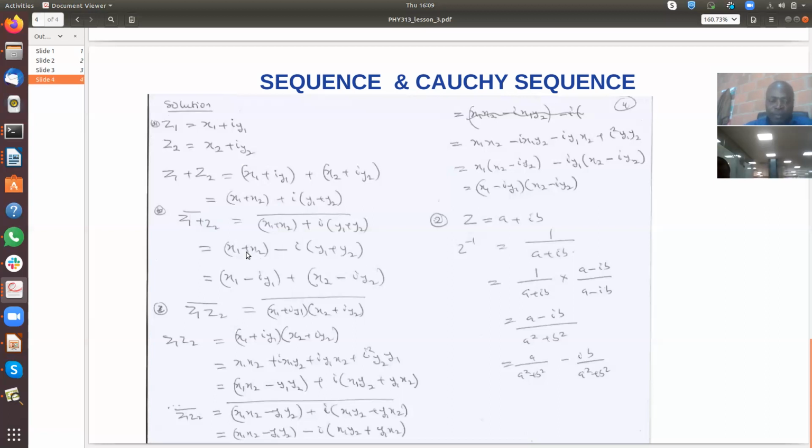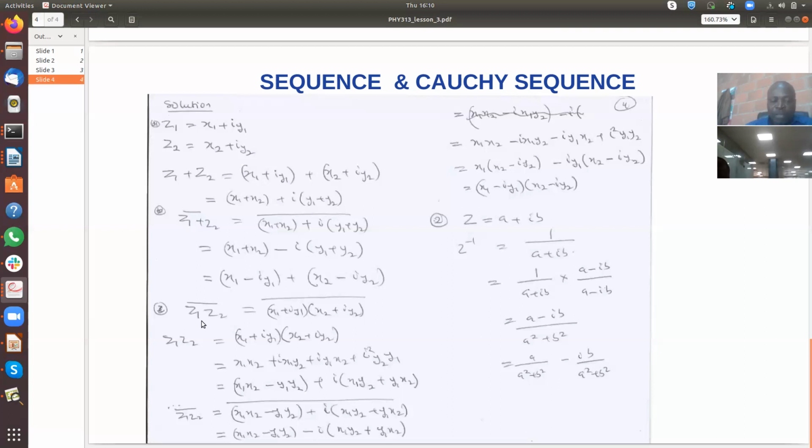If you open the bracket, you collect those that go together, so x1 and y1 are together. We now have x1 minus i times y1, because by the time you open the bracket, minus i times y1 gives you negative. Then x2, then minus this. So the conjugate of z1 plus z2 gives you this expression.